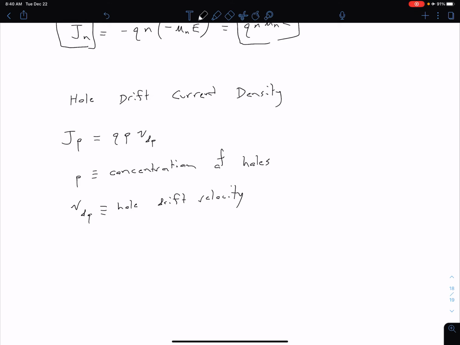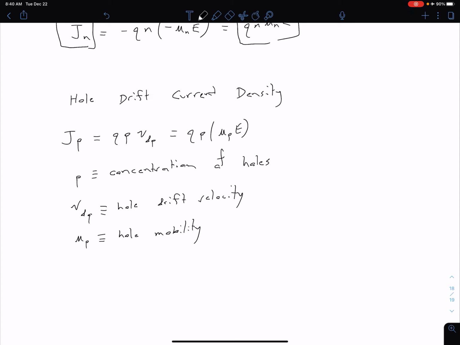And we could also write this in terms of a hole mobility. So we could say this is q p times mu sub p times E. So E is still our electric field strength. And now we have this mu sub p, which is our hole mobility. And that's just how easily the holes are able to move throughout our semiconductor lattice.